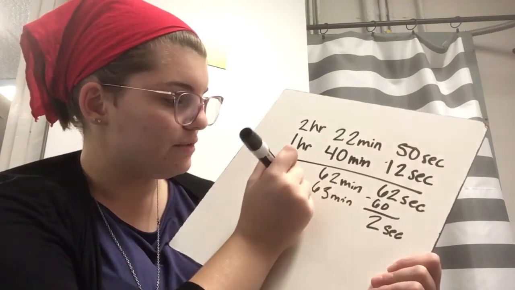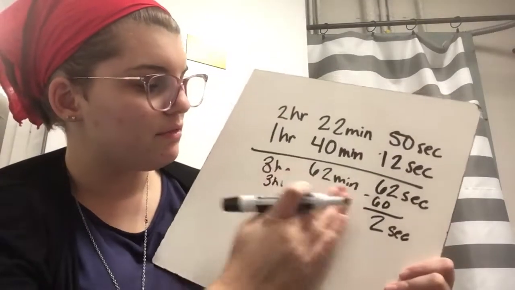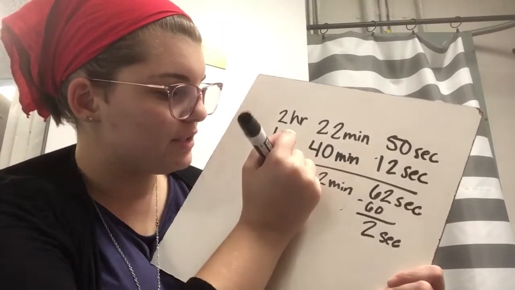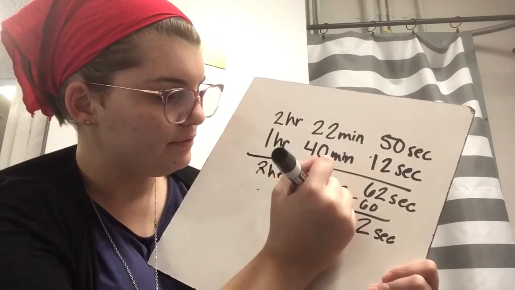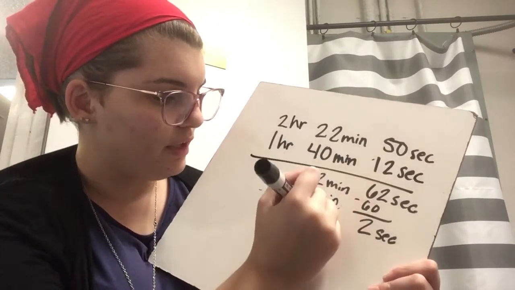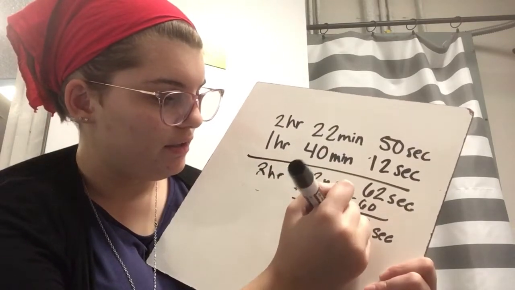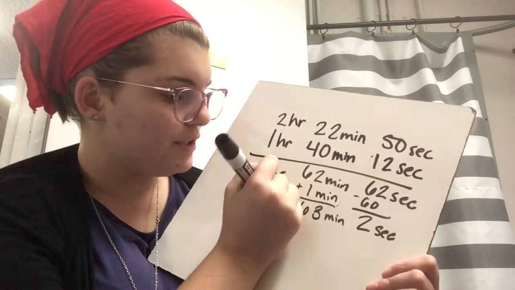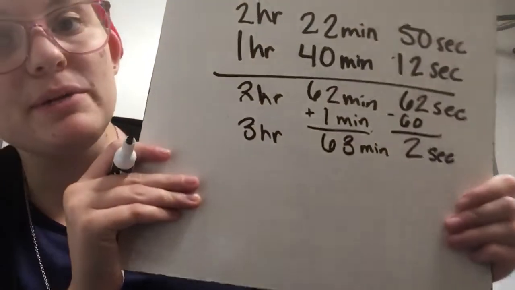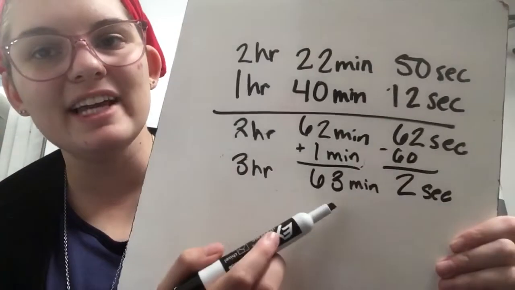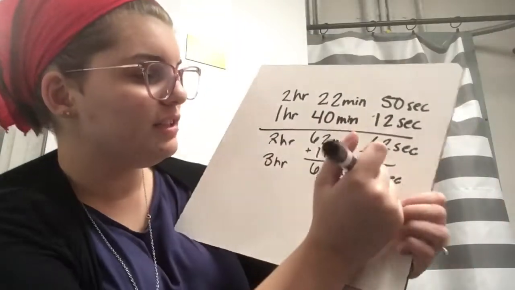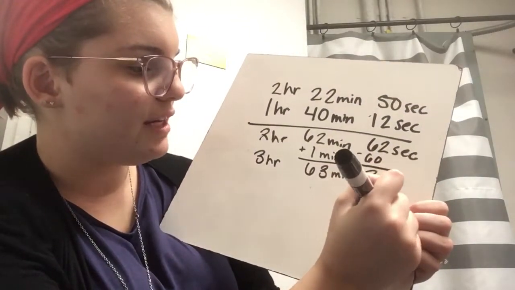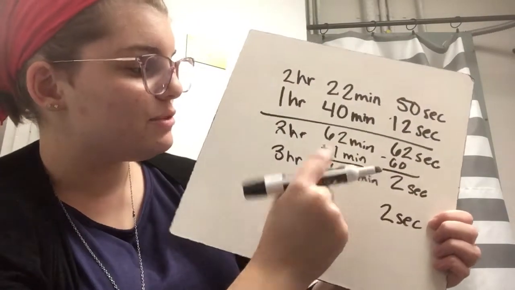And then 3 hours. So now I have, let me rewrite that so it's a little bit neater. So we're still at 3 hours, 63 minutes, and 2 seconds. But I still can't have the 63 there. So we're going to leave the 2 seconds. There's nothing for us to do there. And then I'm going to subtract 60 here.